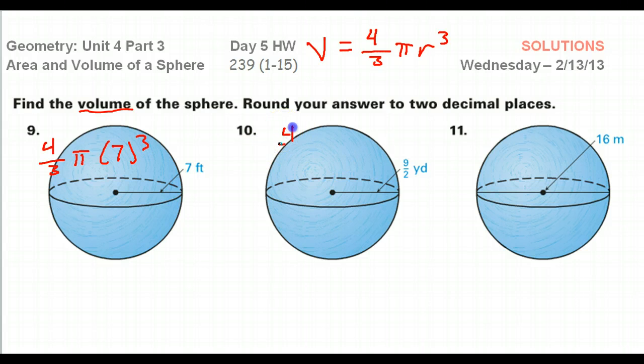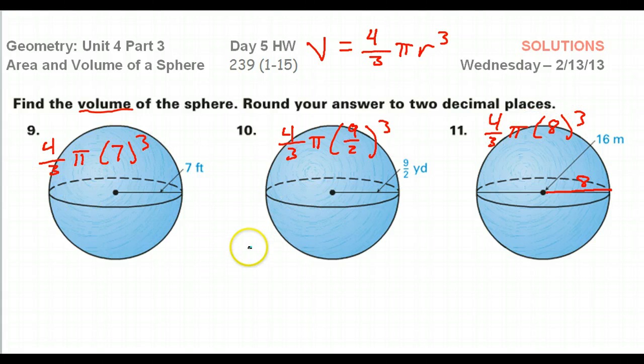And this one will be 4/3 pi times 9/2 cubed. Don't forget, watch out, this is the diameter, that means the radius is only 8. So this one will be 4/3 pi times 8 cubed.